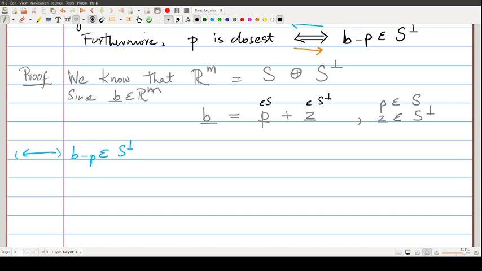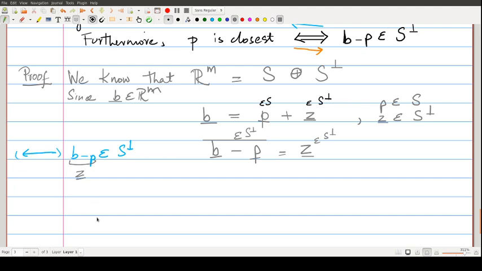If I rearrange this sum, then B minus P is equal to Z. So B minus P is nothing but Z over here.